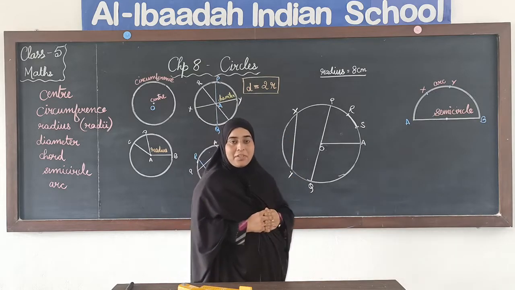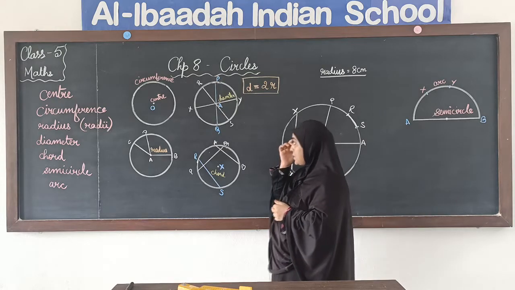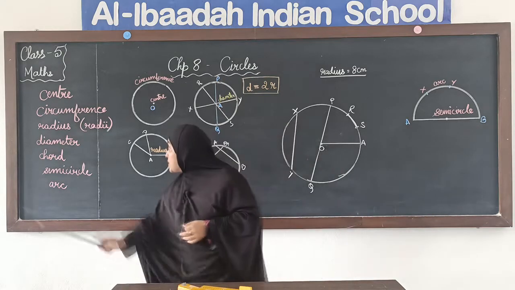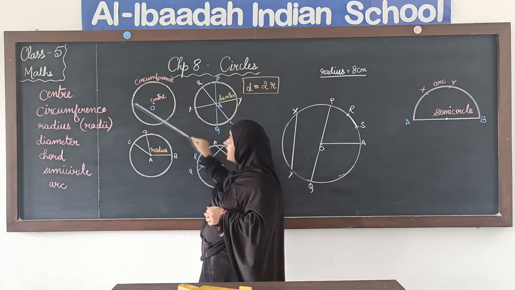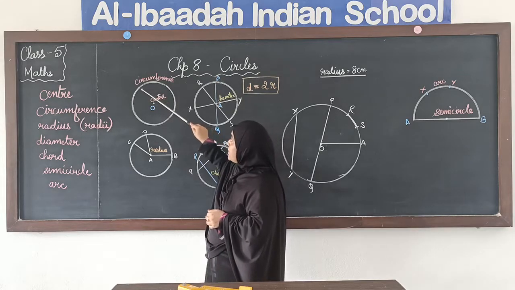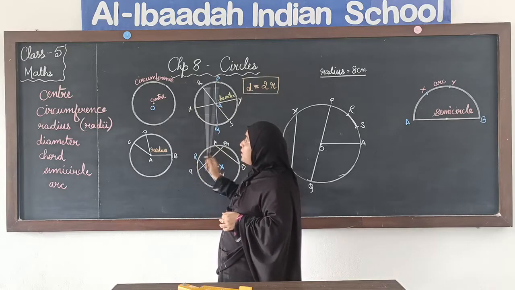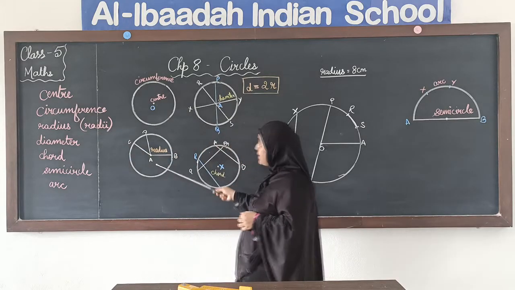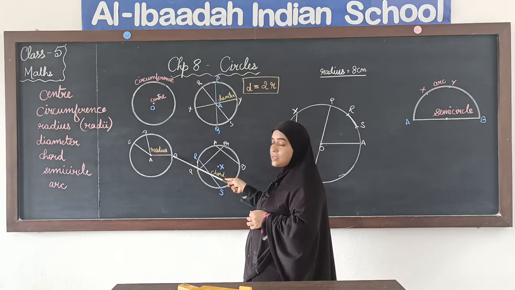Quickly we will see what we have discussed today. We have discussed the parts of the circle. The first part that we discussed was the center. Then we saw what is circumference. Center is the middle point of the circle. Circumference is the boundary or the border of the circle. Radius is the line that joins the center and any point on the circumference.